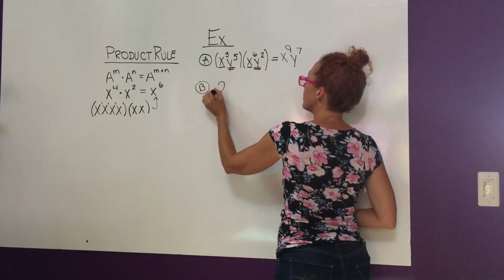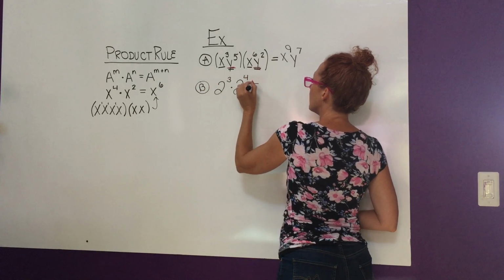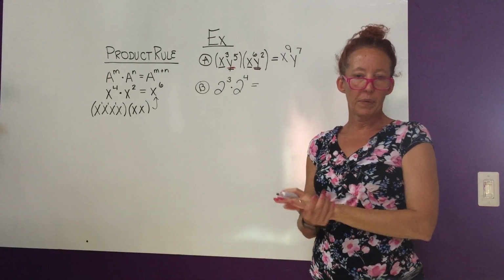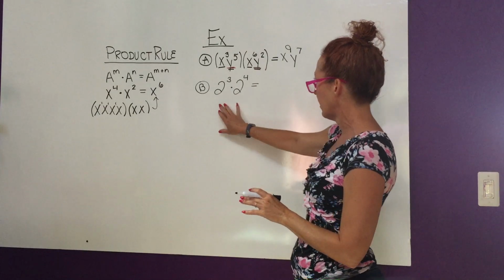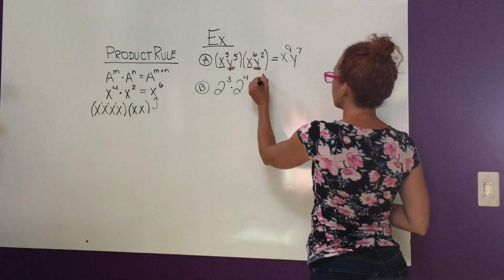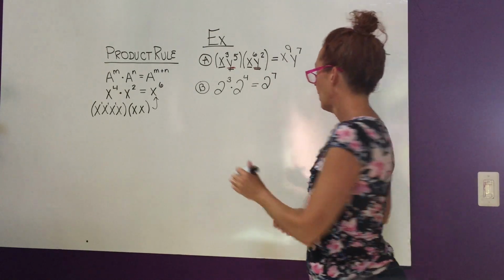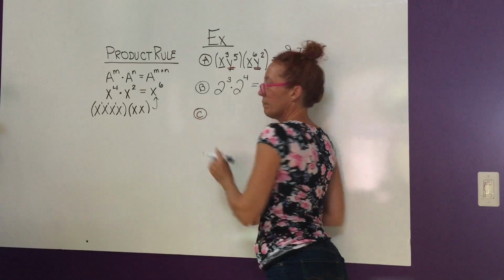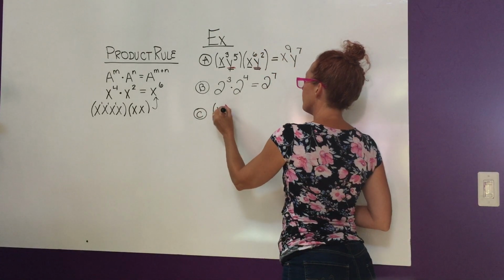Your bases do not have to be variables. Your bases could be actual numbers, actual constants. And so in this case, the same rule applies. If the bases are the same, we can add those exponents together. On C, we can also have a quantity.